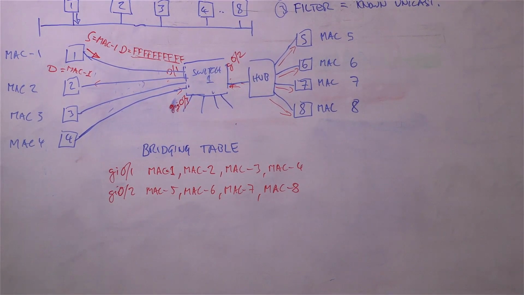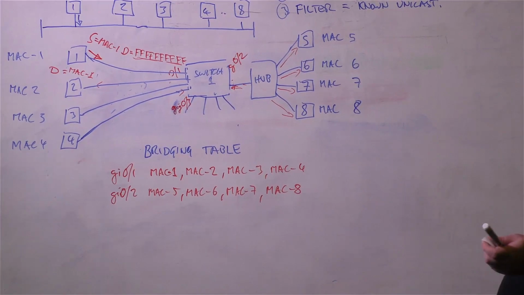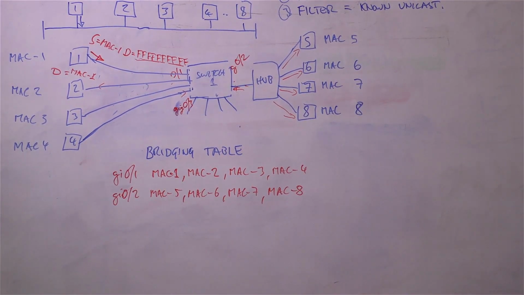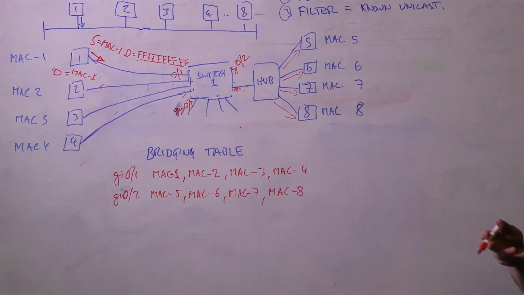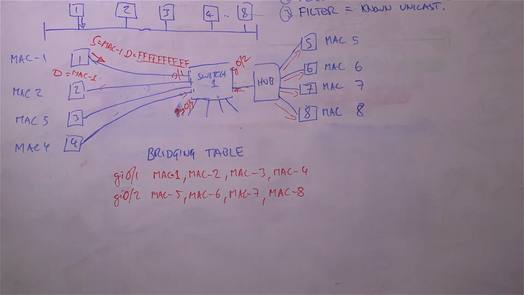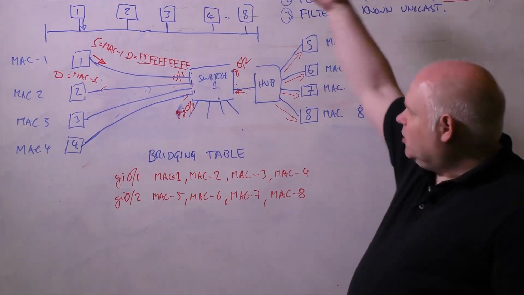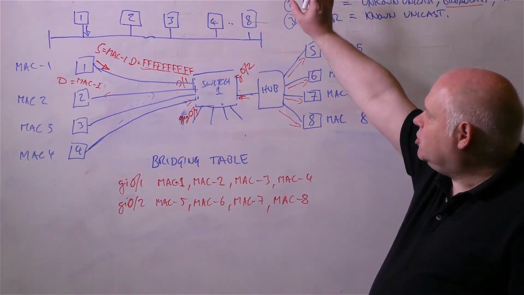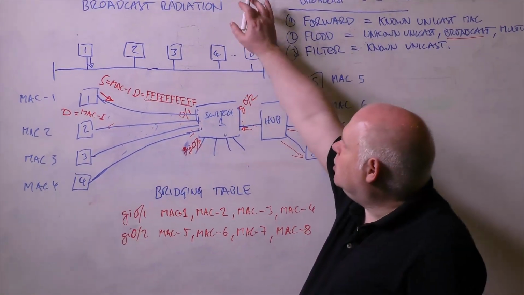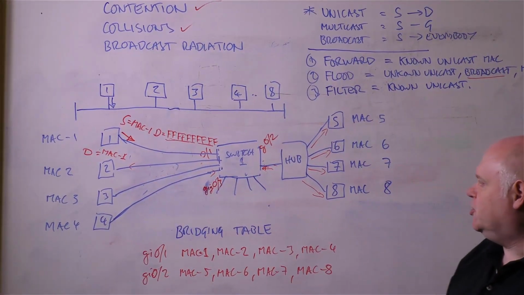So now we don't have collisions, we don't really have contention. In effect, we've kind of brought contention into the available bandwidth of the switch and its uplink towards the core of the network. But we've certainly reduced contention issues a lot, but what we haven't done is solve broadcasts.